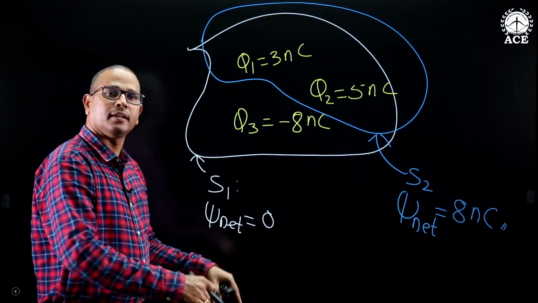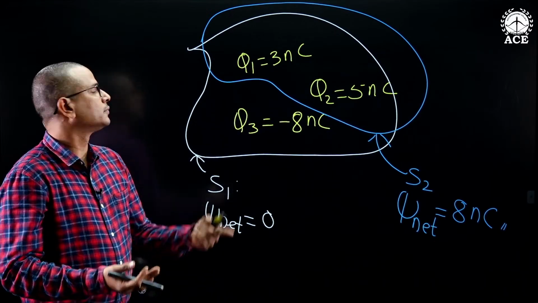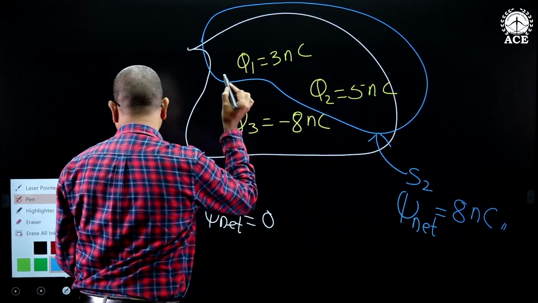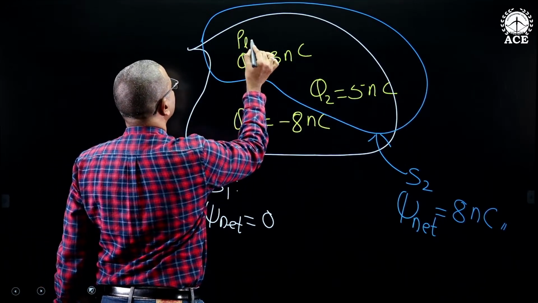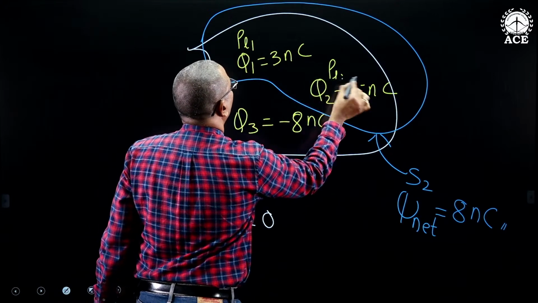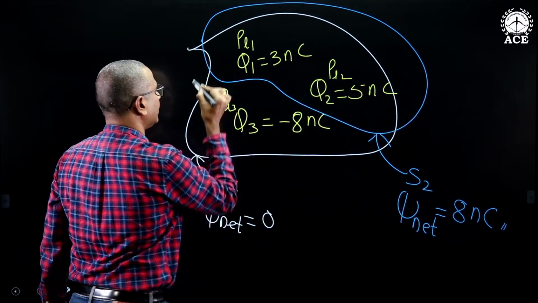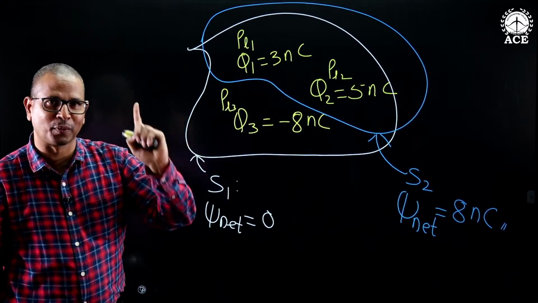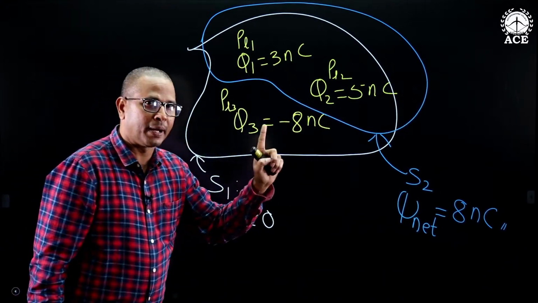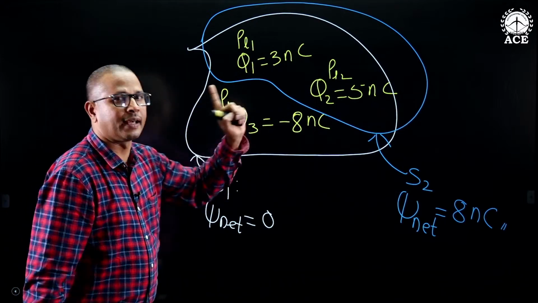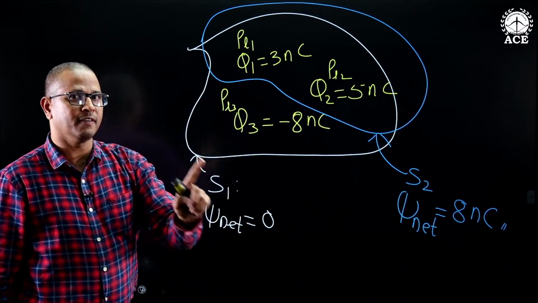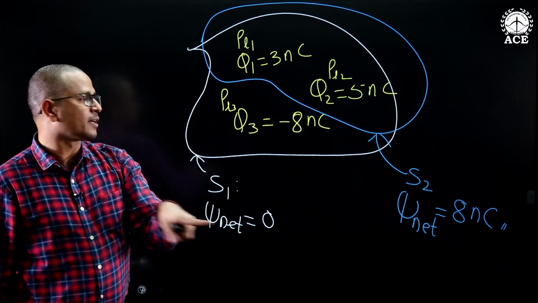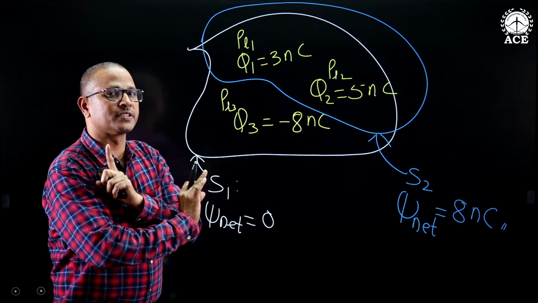Instead, they can give rho L, rho S, rho V. If line charge configurations are given rather than point charges, say rho L1, rho L2, rho L3, dear students, don't add rho L1, rho L2, rho L3, which is very bad. We should not add directly, because in Gauss law, net electric flux leaving equals charge enclosed, which is in terms of Q, not in terms of charge densities.